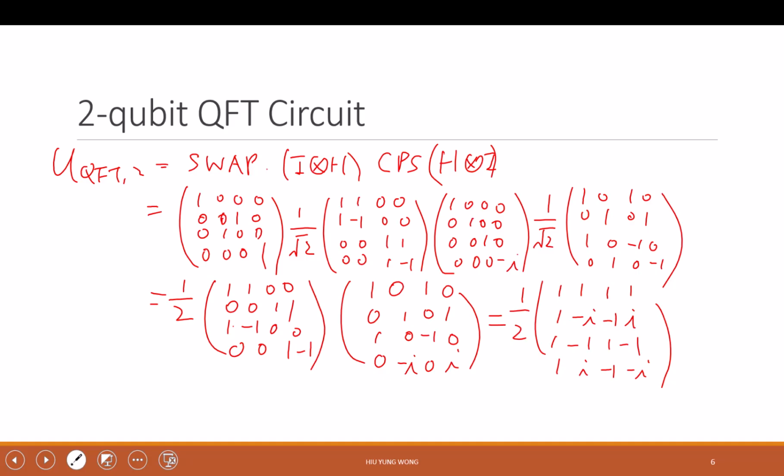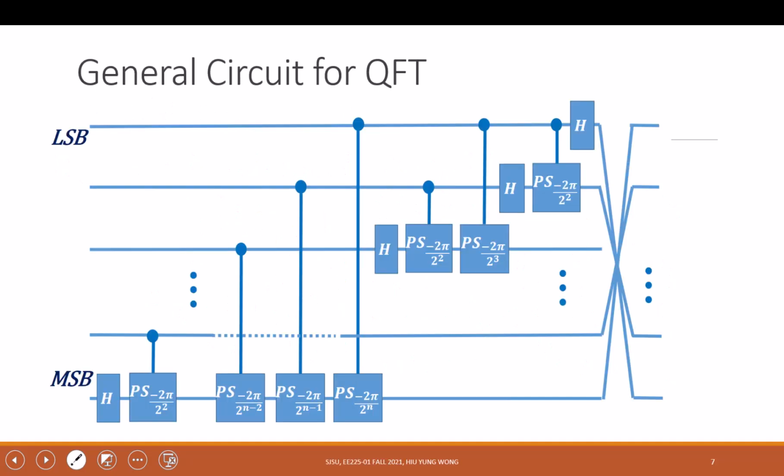Good, so that's the 2-qubit gate. How about for an n-qubit gate, right? Now it's very complicated, but for what we have learned, you will find that it's easy. First of all, again, we have MSB at the bottom, LSB at the top. At the end, a swap gate. This is an n-qubit swap gate. Of course, you can implement it with many 2-qubit swap gates.